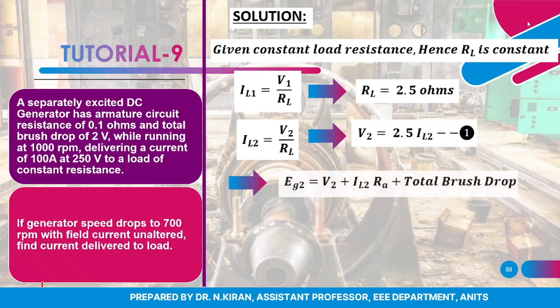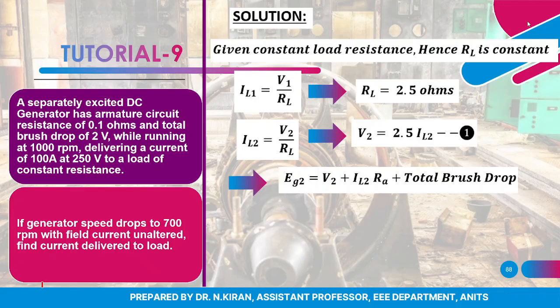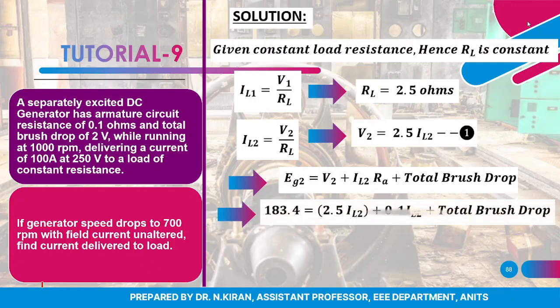Next, Eg2, we have seen this expression, so I'll substitute that in this expression. We know the Eg2 value, it is 183.4. V2 is nothing but, from equation 1, 2.5 IL2, and RA value I know it is 0.1. Total brush drop is not given, I think.